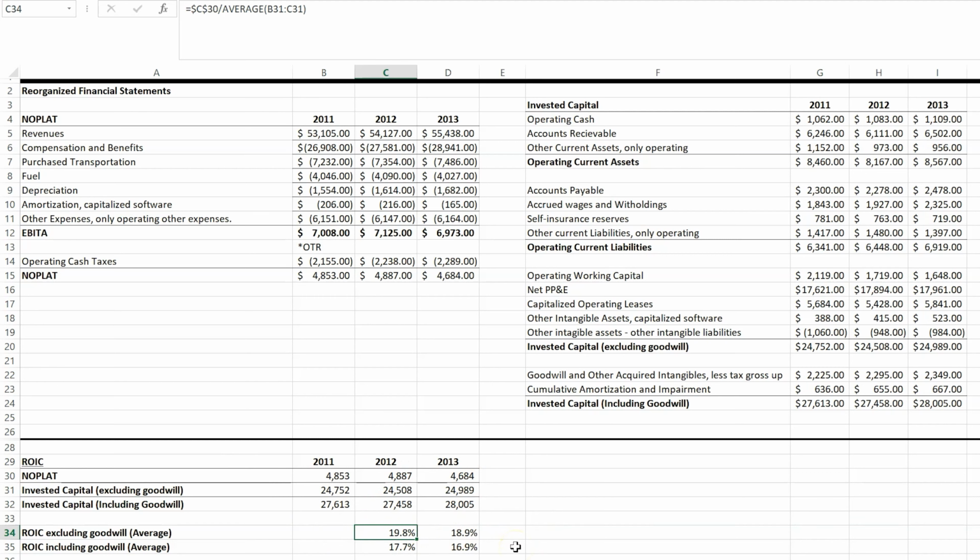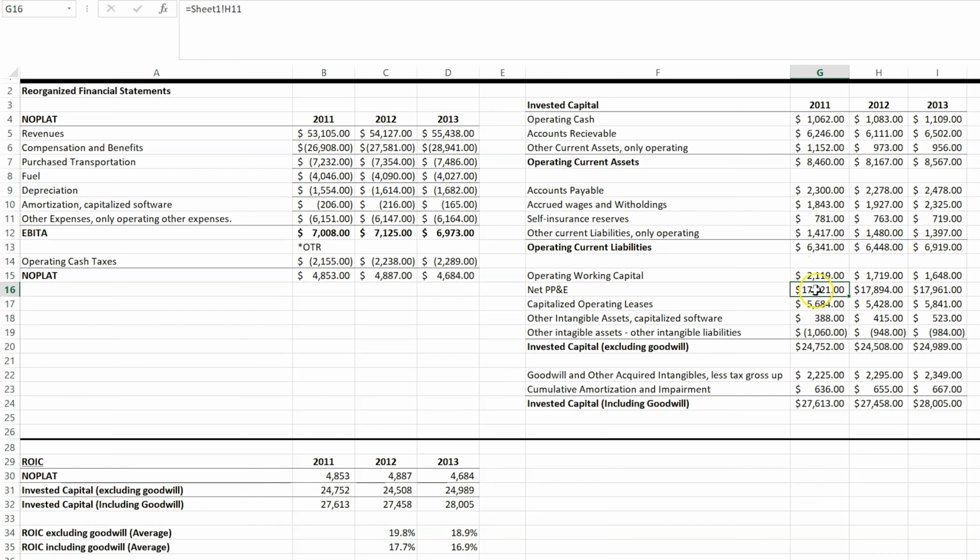The other thing to notice is that our invested capital without goodwill is always lower, because goodwill is additional assets, and that makes our invested capital with goodwill higher than our invested capital without. Our return is always higher if our invested capital is lower, given the same level of NOPLAT. This is why it might be advantageous for a firm to sell some of its assets and then lease them back.